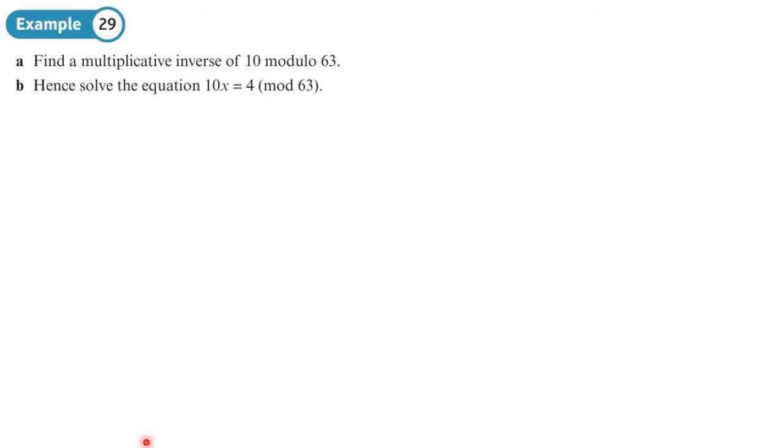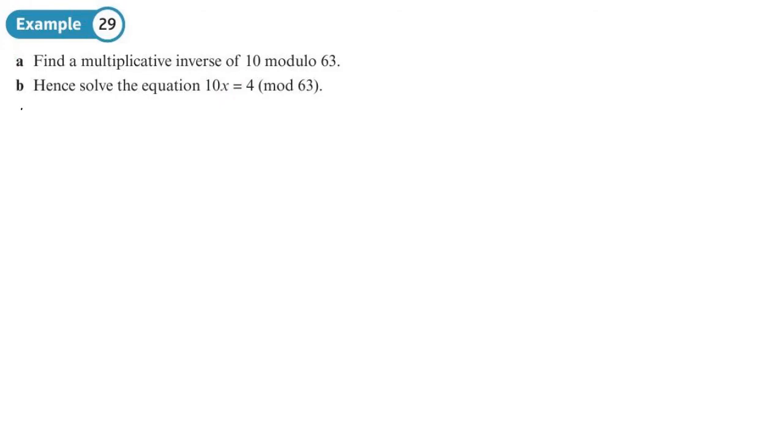Okay, so this question here says find a multiplicative inverse of 10 modulo 63, hence find a solution to the equation. And the reason we're finding a multiplicative inverse is so that we can solve this equation here.